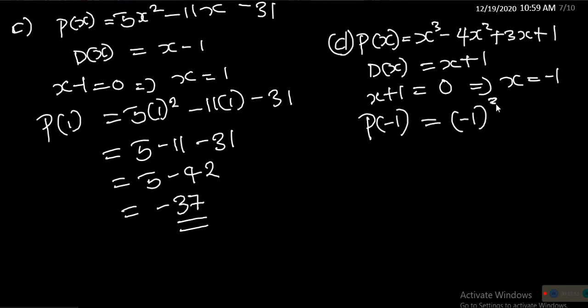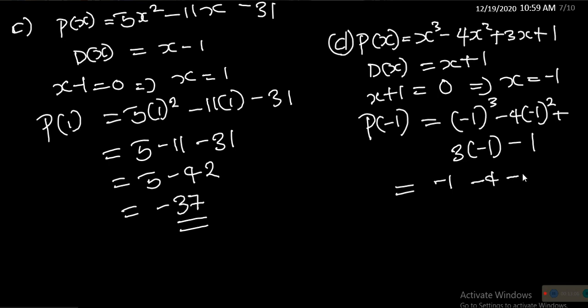That will be minus 1 raised to the power 3 minus 4 into minus 1 squared plus 3 into minus 1 plus 1, which is minus 1 minus 4 minus 3 plus 1. Remember, minus 1 squared is 1.